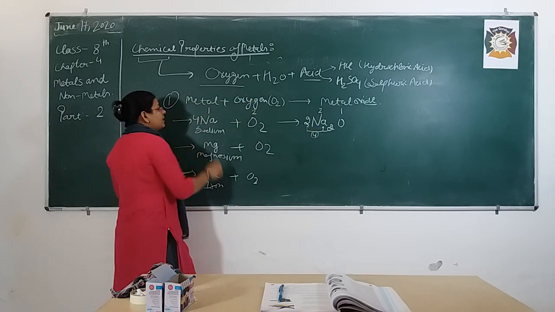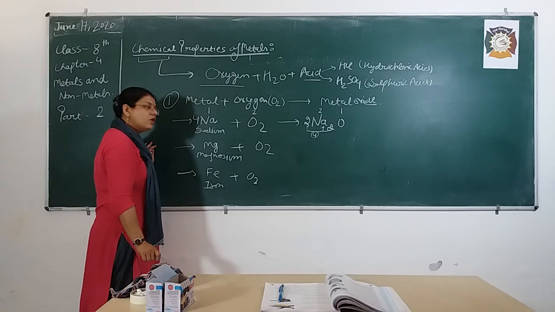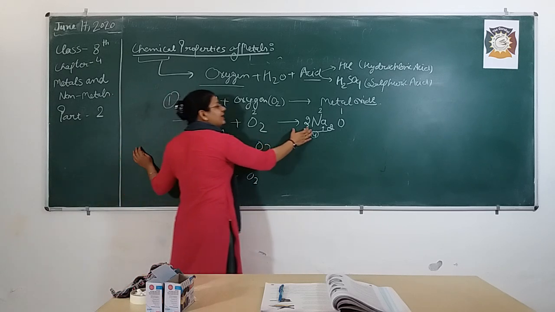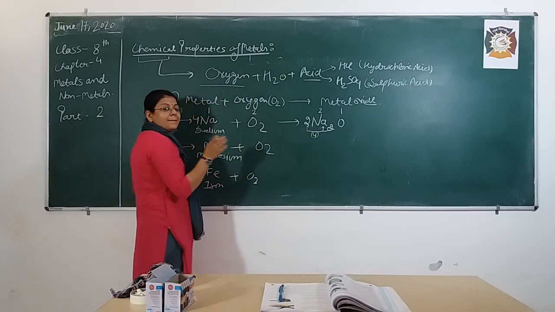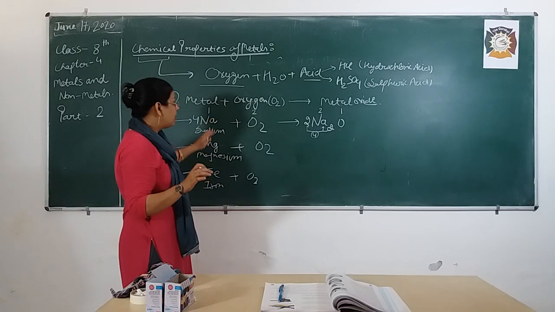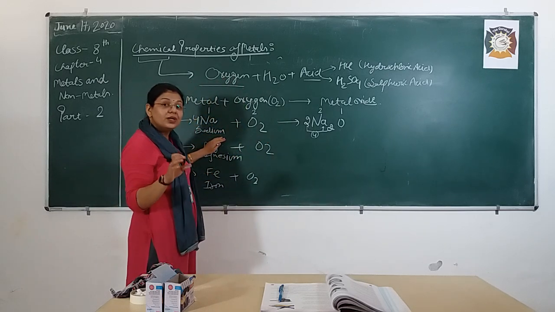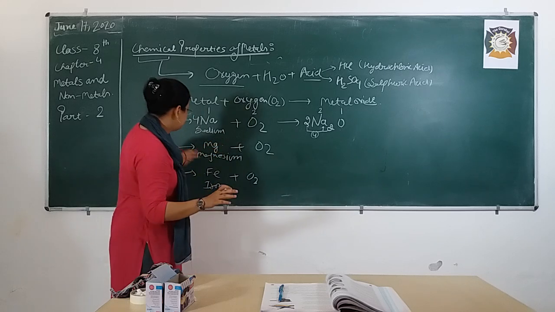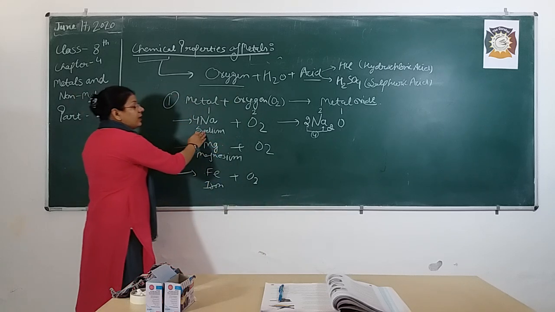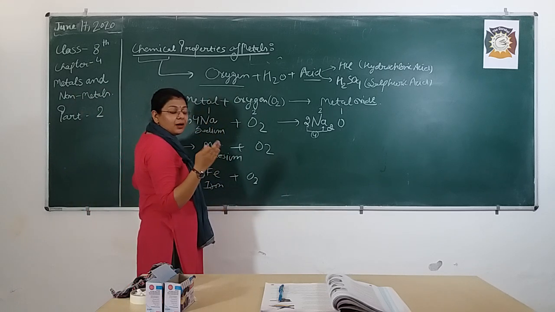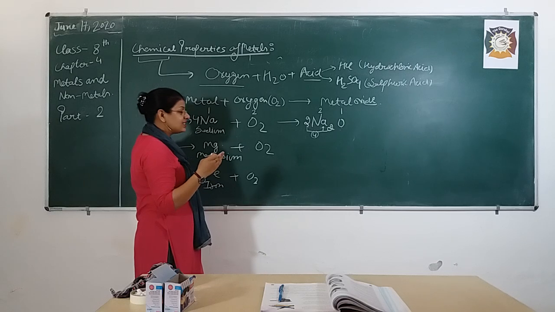So we have to multiply this sodium with 4 to balance the complete equation. Now it is a balanced equation. Okay bache? In chemistry, an equation is meaningful only when it is balanced. In depth, you will study the balancing of reactions in 9th standard.